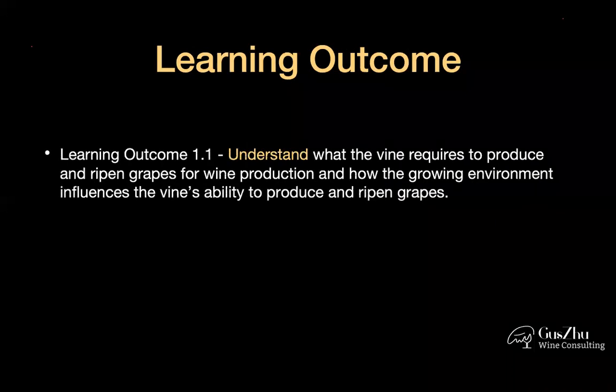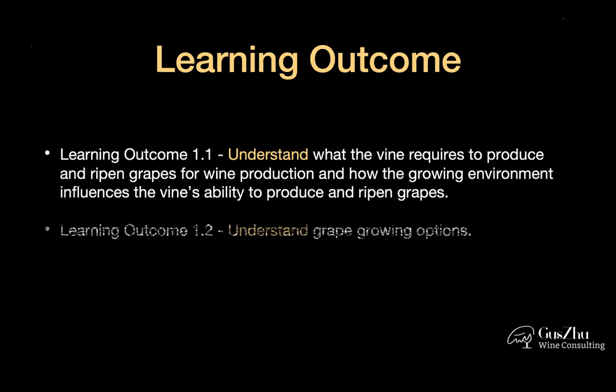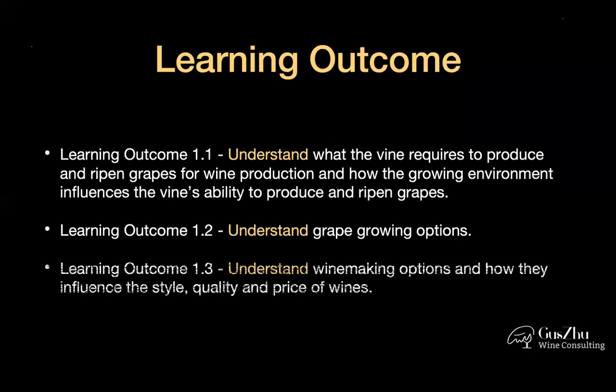For example, they expect you to understand what the vine requires to produce and ripen grapes for wine production, and how the growing environment influences the vine's ability to produce and ripen grapes. They expect you to understand the grape growing options, and they expect you to understand the winemaking options and how they influence the style, quality, and price of the wines.